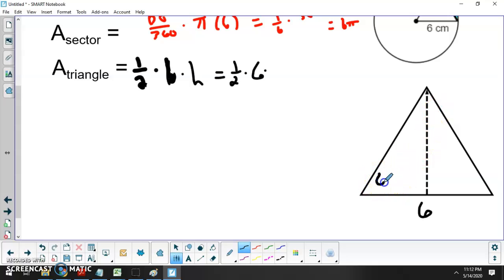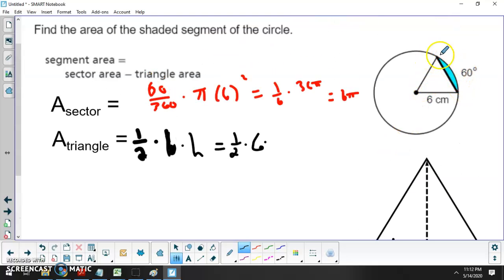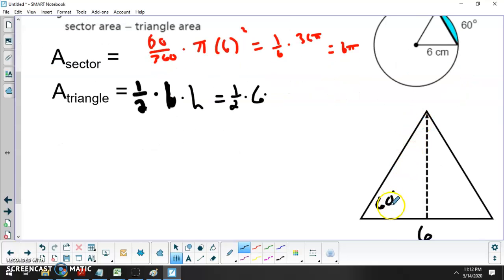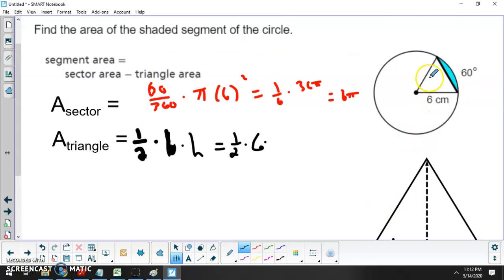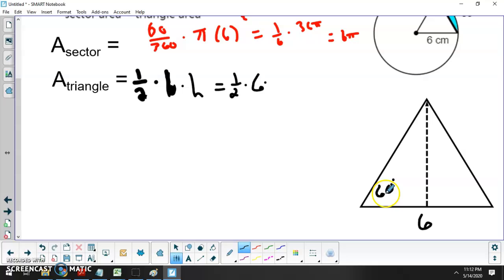So if this is 60, how do I know that's 60? Well, you see this angle on the outside is 60 degrees, and that's the same as the central angle here, so they're both 60. Now this actually is an isosceles triangle, in fact, it's an equilateral triangle, and the reason I know that is because if the central angle is 60, and this radius is 6, this other radius is 6.